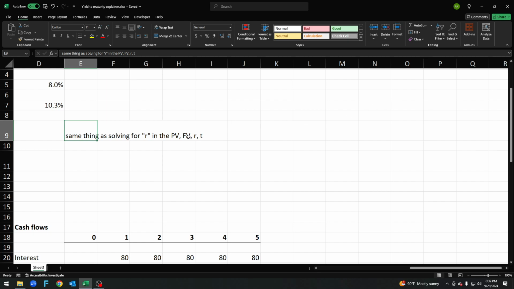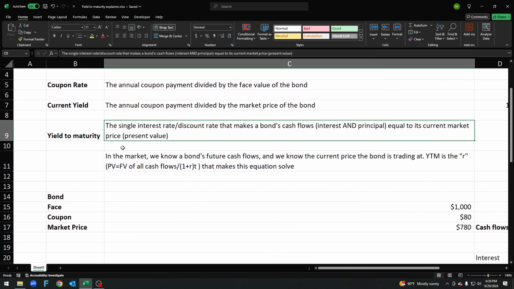R is the interest rate that in those other problems makes the PV, the FV, and the T work. Remember, typically in these present value problems, we're given three numbers and we have to solve for the fourth. And that R is the same thing as the yield to maturity in a bond.